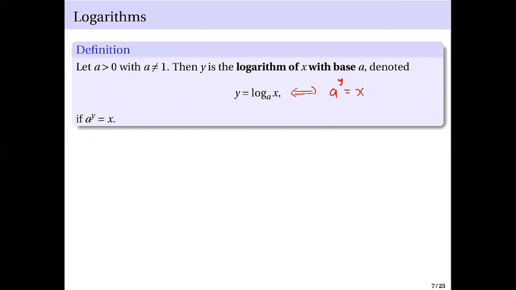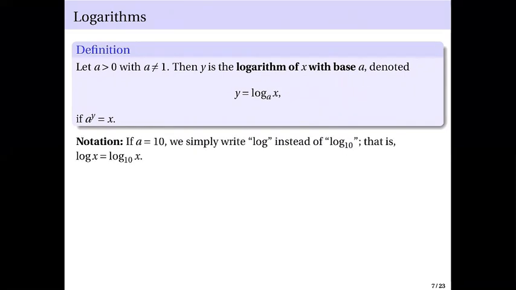So let us look at the first example here. Oh, by the way, if your a is equal to 10, we just write log. We remove that subscript, meaning log x is equal to log x with base 10.